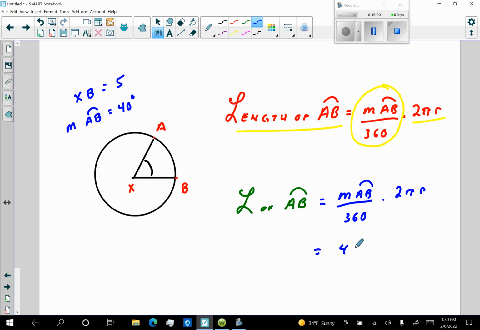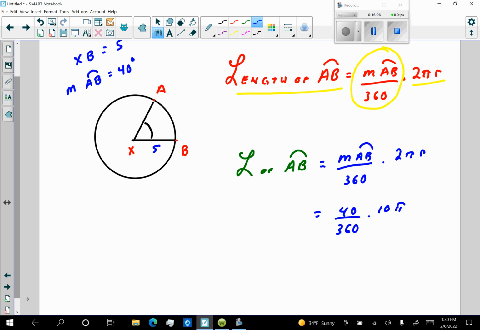The measure of AB is 40 divided by 360 times the radius here is 5 times 10 pi. 2 times 5 is 10. And we could simplify that, and we're certainly going to leave it in pi form. We're not going to estimate it.